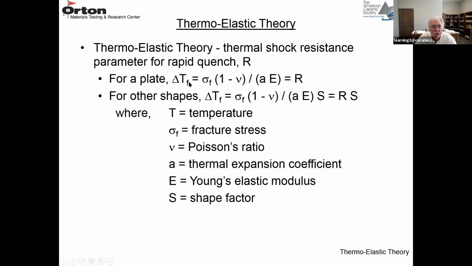So delta TF, the temperature difference required for failure to take place, is known as the R parameter, R. Other shapes, same equation, but now there's an S in this equation for a shape factor. So delta TF would equal R times some shape factor.